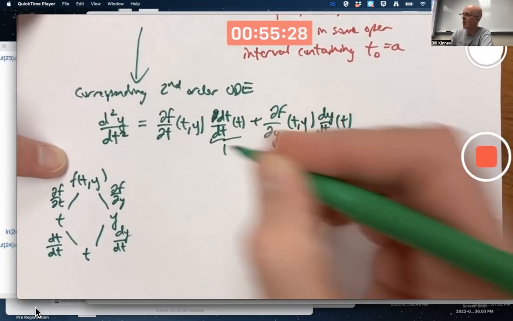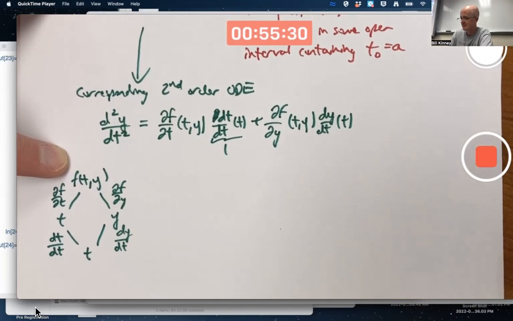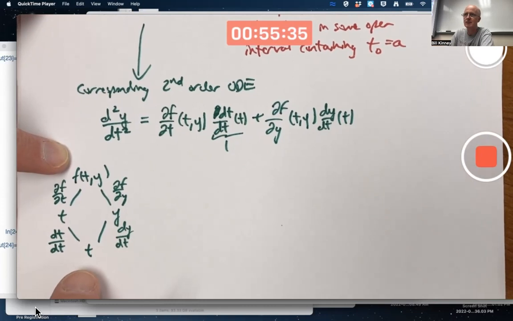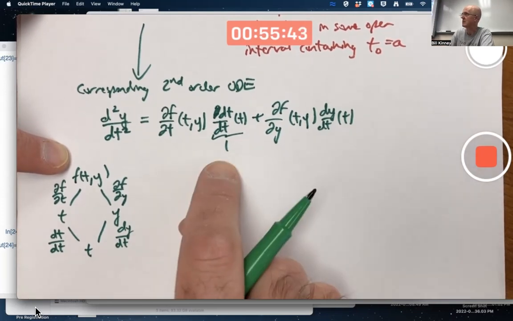This thing does simplify to 1, as you would expect in this example. If you had some other, more typical example, where you have some other variable here like z, you'd have dt dz there, and you might actually have to differentiate it. And it would not necessarily equal 1.